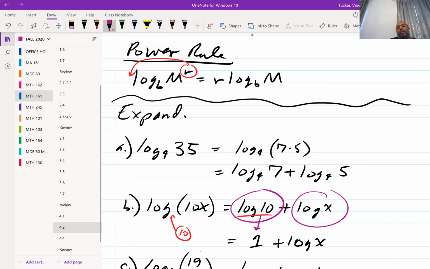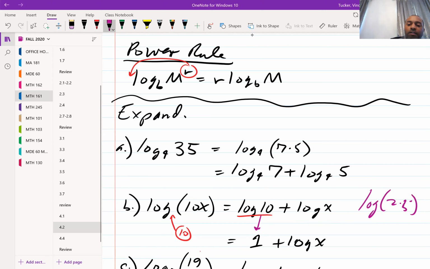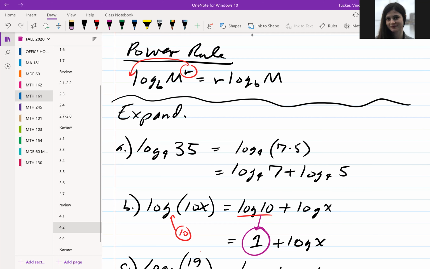Instead of breaking up that 10 into 2 times 5, I broke it up into 10 times x. And the reason why you do that is because that common base of 10 is there, and that can simplify to just 1. So you always want to write your simplest expression possible. So once again, I didn't break up that 10 into 2 times 5 because I wanted to be able to do this. Looking at what we had here, there was nowhere else we could go but 7 times 5. So that's why we did that.